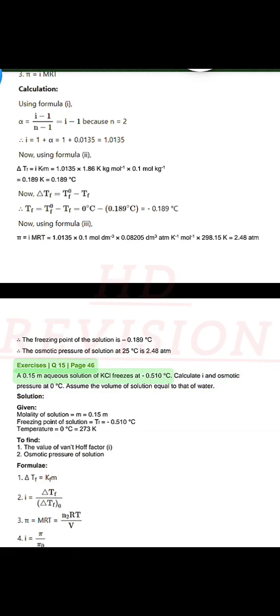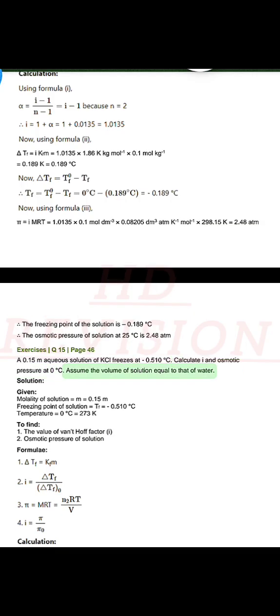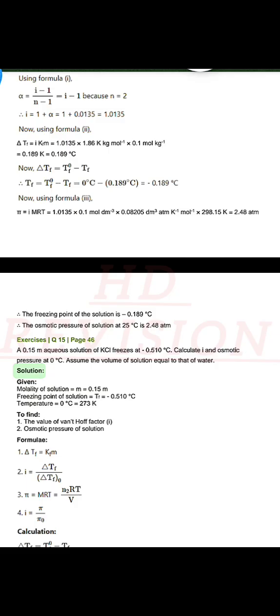Exercises Q15 page 46. A 0.15 molal aqueous solution of KCl freezes at -0.510 degrees Celsius. Calculate i and osmotic pressure at 0 degrees Celsius. Assume the volume of solution equal to that of water. Solution.